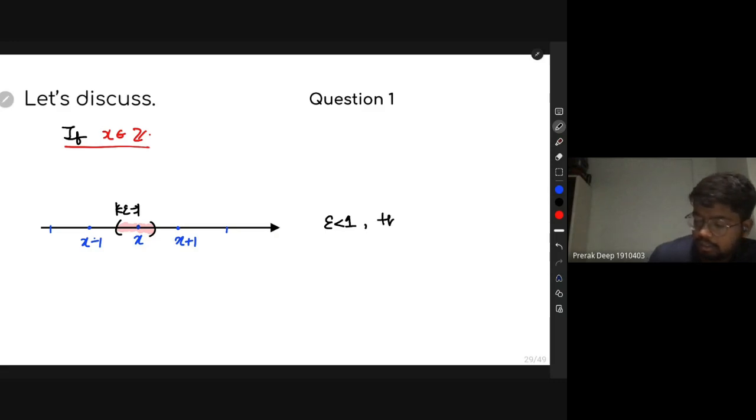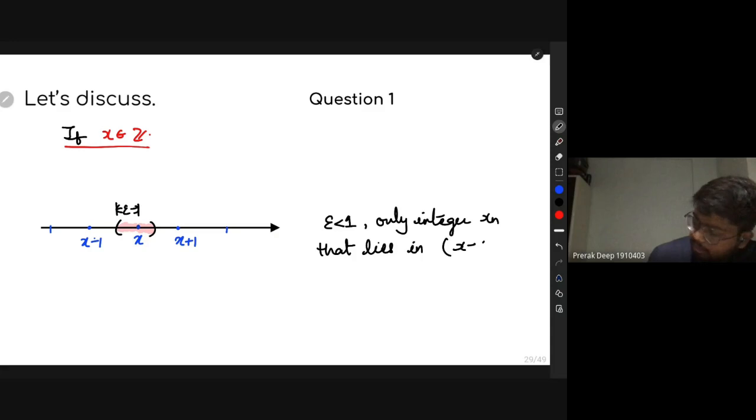If I do that, there is no other integer. The only integer xn that lies in the neighborhood (x minus epsilon, x plus epsilon) is x only.